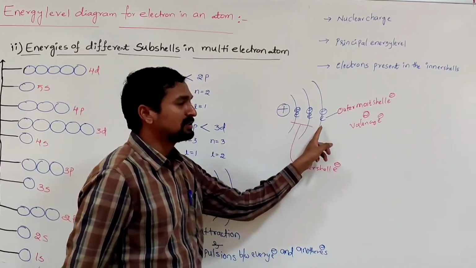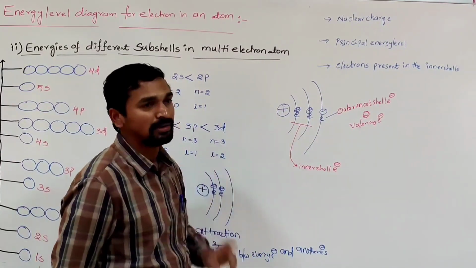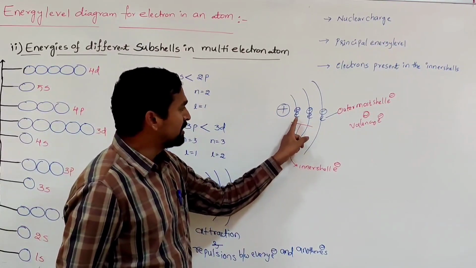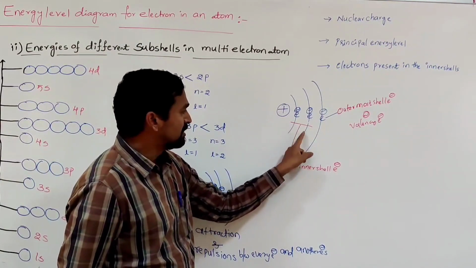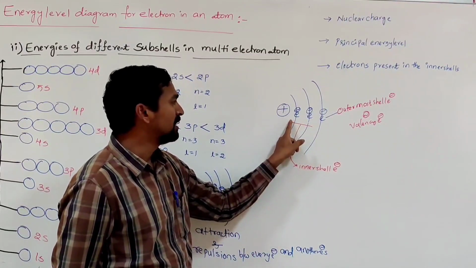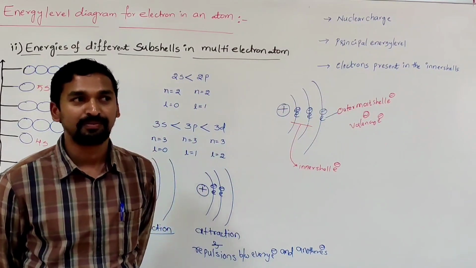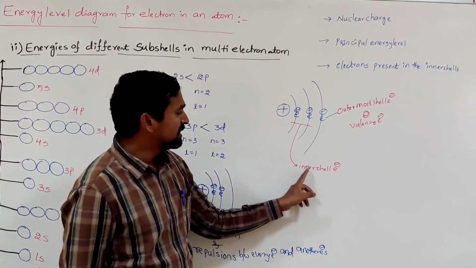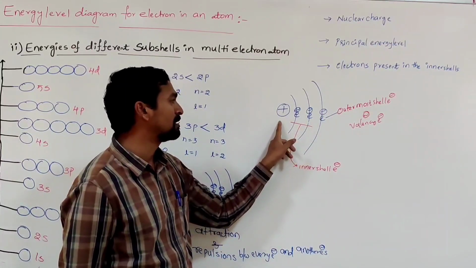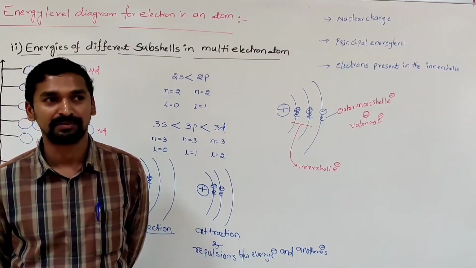All the electrons do not experience the same amount of nuclear charge from the nucleus. The inner shell electrons always prevent the nuclear charge from reaching the outermost electrons. So the inner shell electrons experience more nuclear charge from the nucleus compared to the outermost shell electrons.